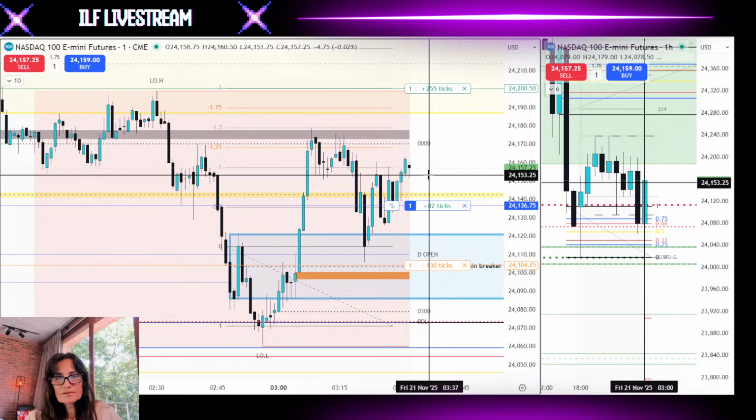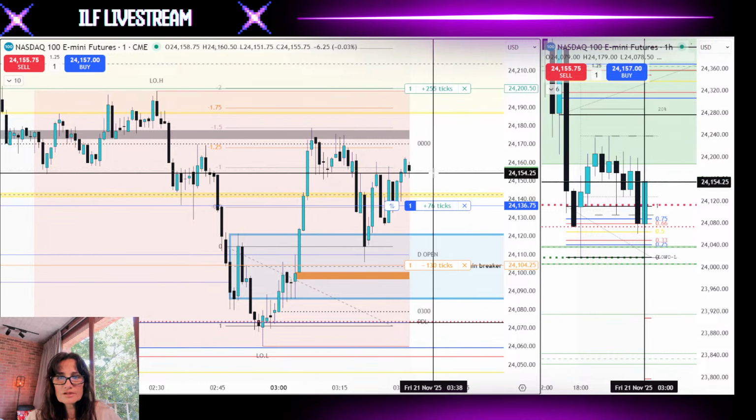Again, this is also change in state. We have constant change in state delivery on the bullish side. This is also a change in state delivery. Let's see what happens with the next candle. As it goes up, we have another change in the state.